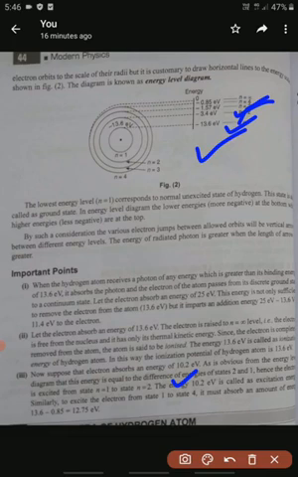Once again, repeating: if we apply excess energy to this hydrogen atom, electrons escape from the hydrogen atom and also possess kinetic energy. If you apply 25 electron volts, but it requires only 13.6 electron volts, the electrons escape and gain the extra energy, that is 11.4 electron volt.